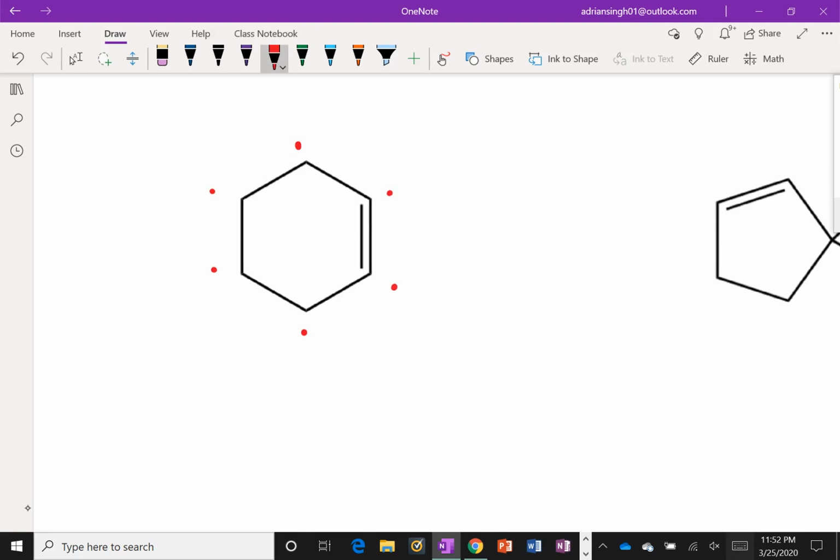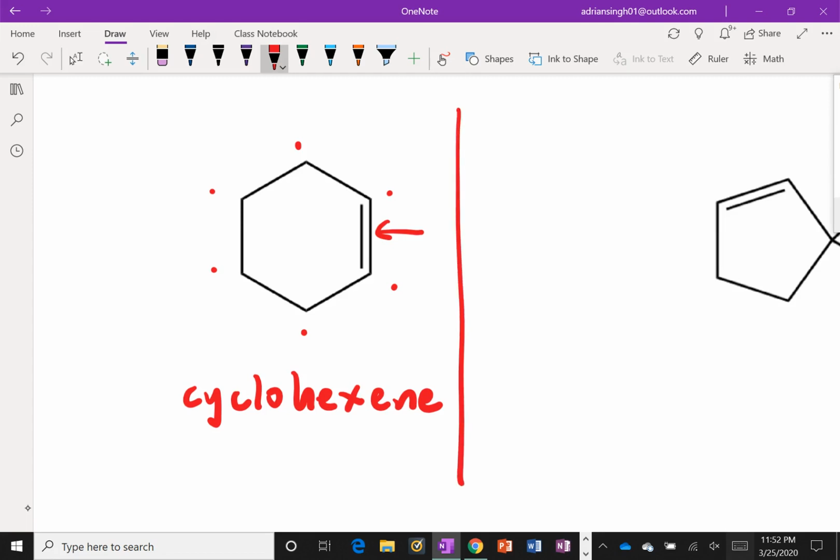All right, so 6 carbons. That's a hex. It's in a ring, so it's cyclohex. And then we have a double bond right here, right? That would make it an ene. So cyclohexene. I don't need to say 1-cyclohexene because it's understood in a ring that the double bond is going to start on carbon 1.